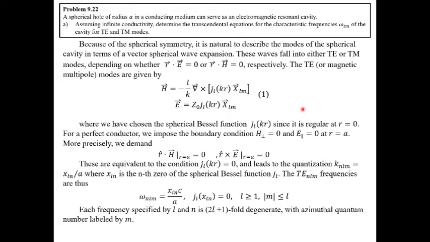Because of the spherical symmetry, it is natural to describe the modes of the spherical cavity in terms of a vector spherical wave expansion. These waves fall into either TE or TM modes, depending on whether r dot E equals 0 or r dot H equals 0 respectively.